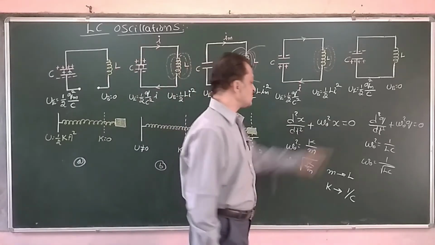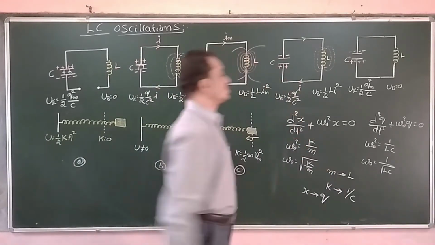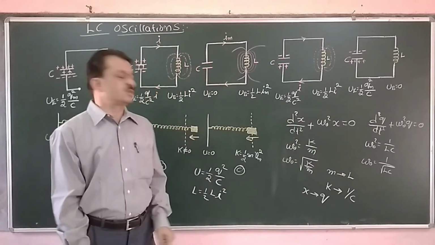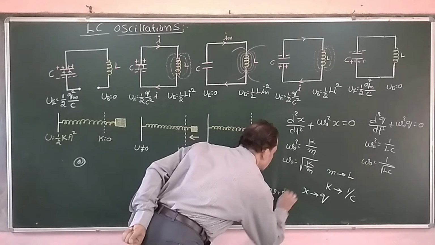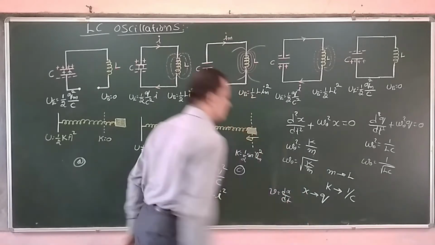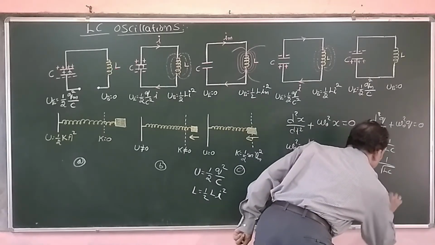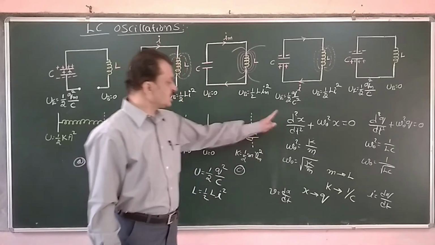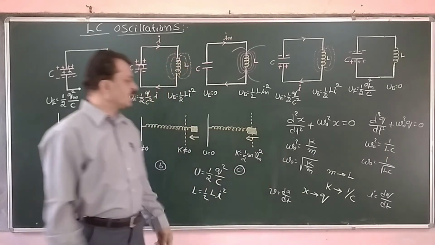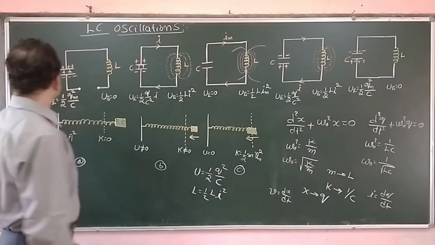Now we have a displacement x that is related to the charge, and velocity v is equal to dx by dt, that is related to current I is equal to dq by dt.